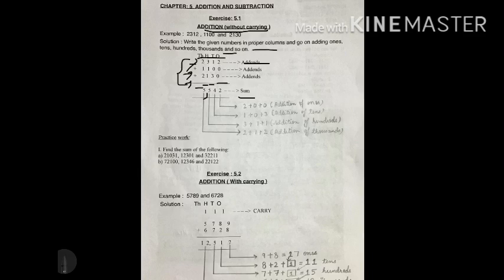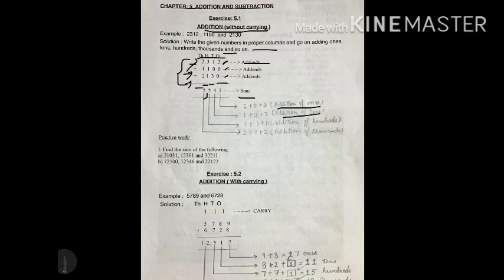Students, addition starts from adding ones place digits. So what are the ones place digits here? This is 2 plus 0 plus 0, so that is 2. Second we will add tens place digits, that is 1 plus 0 plus 3, that is 4.